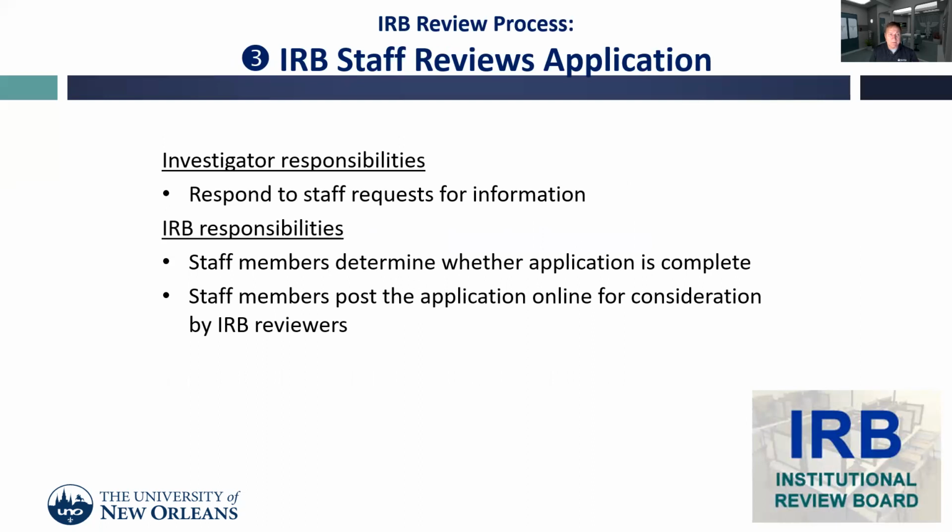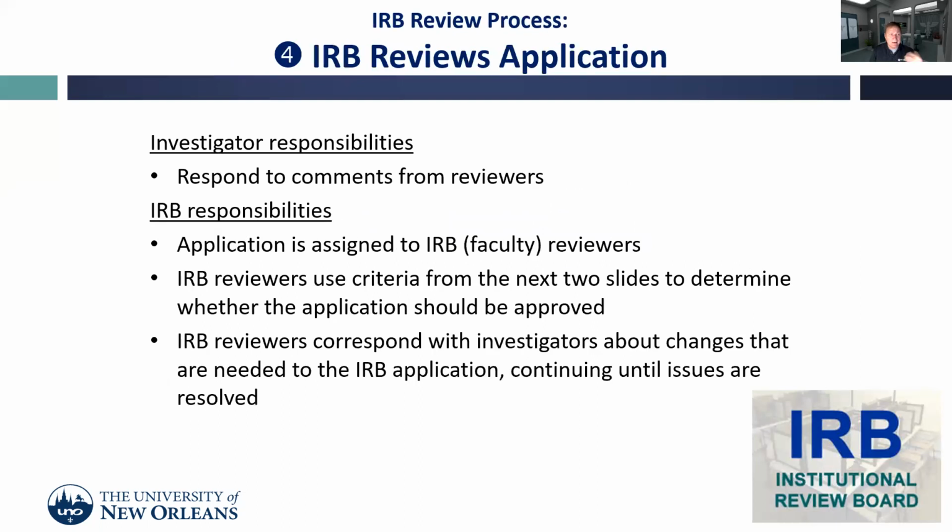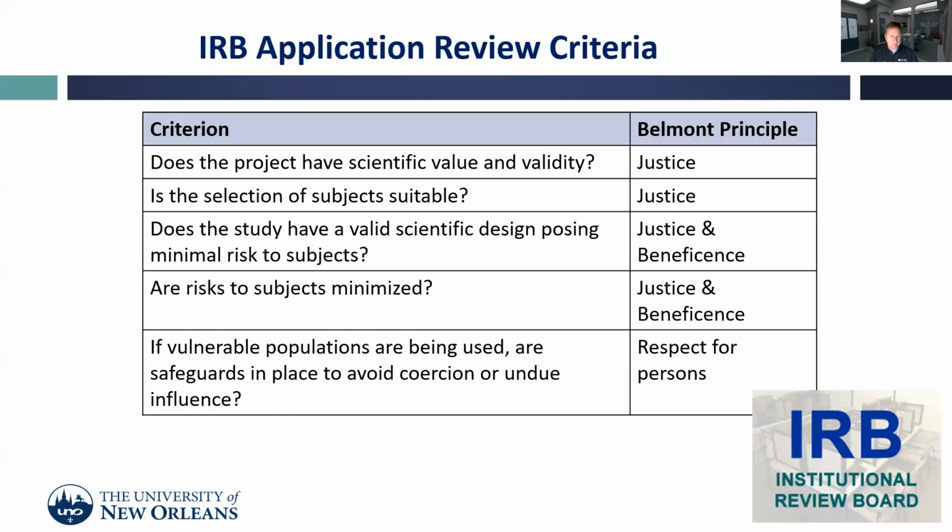And so the PI is primarily the one communicating with the IRB committee and getting the application done. The IRB staff reviews the application. There's again, from an application standpoint, what are the key pieces that are a part of it? What type of criteria has to be evaluated. And the University of New Orleans uses a very similar process to most other universities.